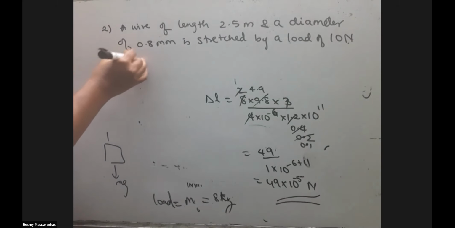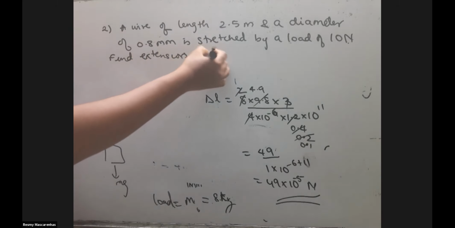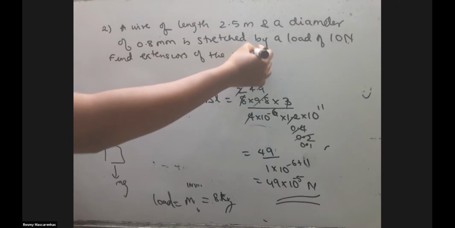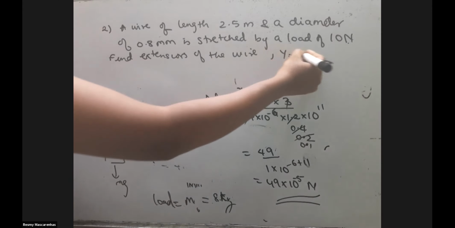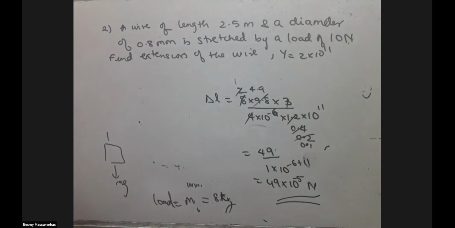Find extension of the wire. Y is given as 2 into 10 raised to 11. Different materials will have different Young's modulus.